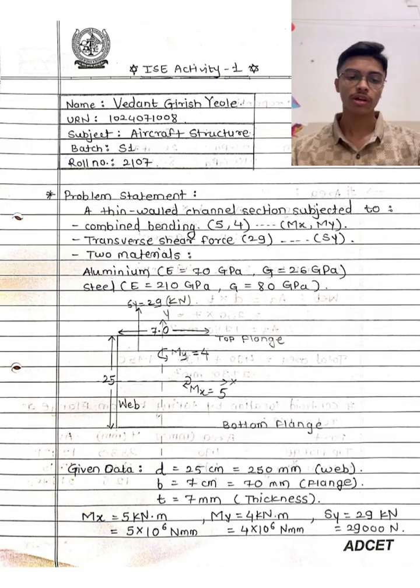The same applies for My. For Sy we have to convert kilonewton into newton. 29 kilonewton is given, so 29 into 1000 is equal to 29,000 newton.